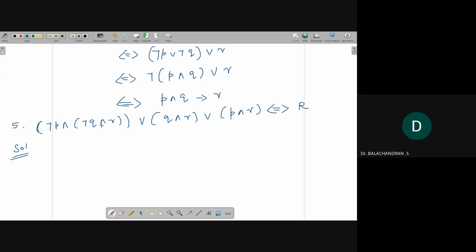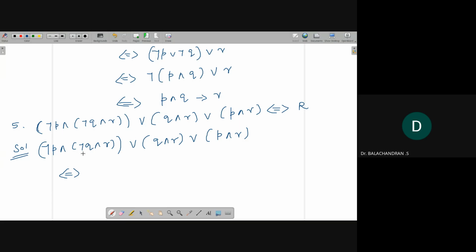So first I'll take the left hand side. So if I take the left hand side, negation P and negation Q and R, or (Q and R), or (P and R), which is equivalent to, here you can apply associative law.